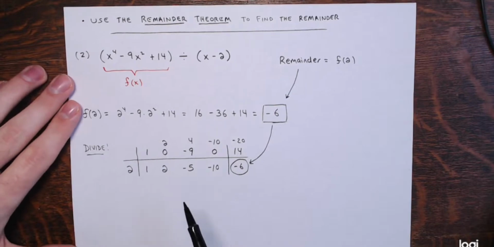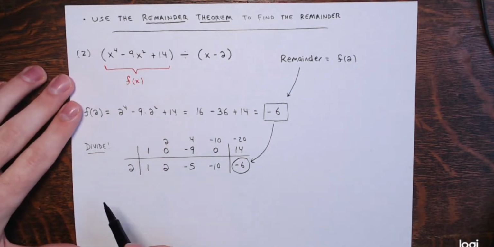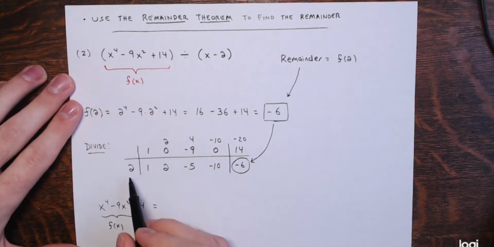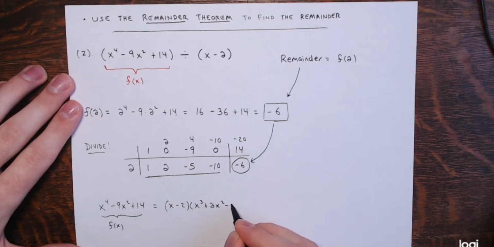From this line here, we can say that x to the fourth minus 9x squared plus 14, or what I called f of x, is equal to x minus 2 times, and then these are the coefficients of the quotient, which would be a degree 3: x cubed plus 2x squared minus 5x minus 10, and then plus negative 6, right, minus 6.